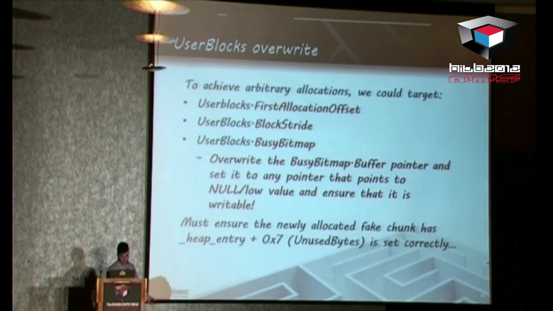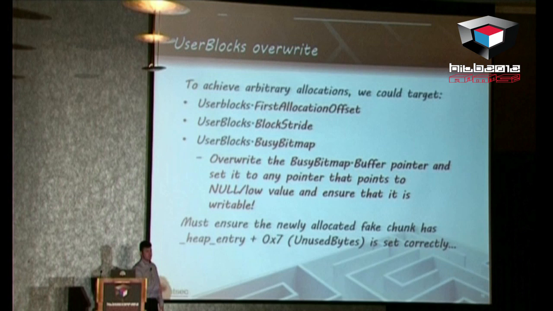I'll show you how it works. This is essentially what we want to target: the first allocation offset, because we know that's where the next chunk is going to be allocated from. These are going to be used to calculate where the next chunk is going to be allocated from. The block stride and bitmap, we need to set to appropriate values, or at least control those values somehow, to make sure that we get that arbitrary allocation.